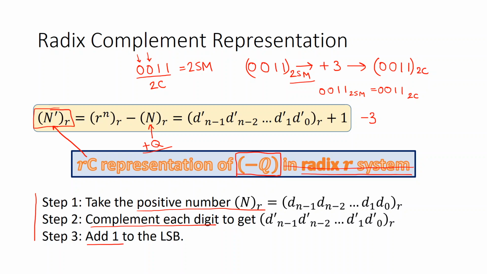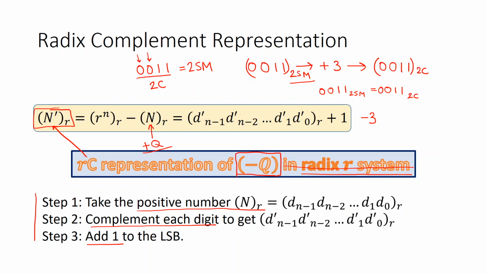So here, suppose I have asked you the question, represent -3 in 4-bit 2's complement representation. Then what would you do? You would look at +3 first. In +3, you would take the 2's signed magnitude representation in 4 bits.